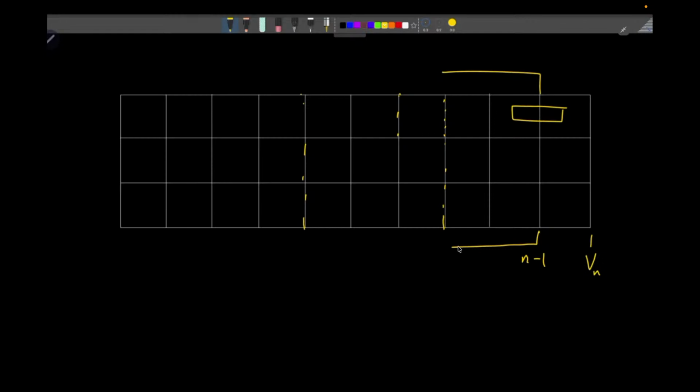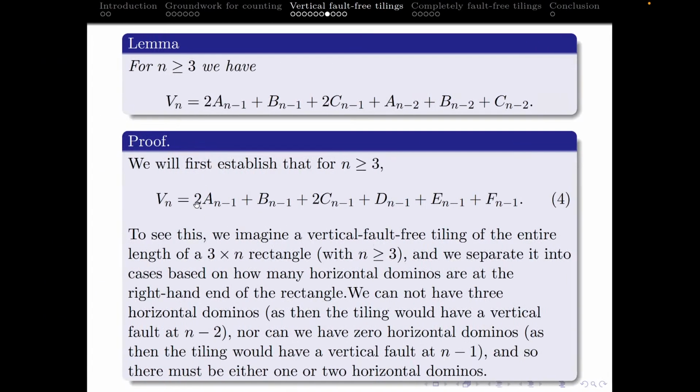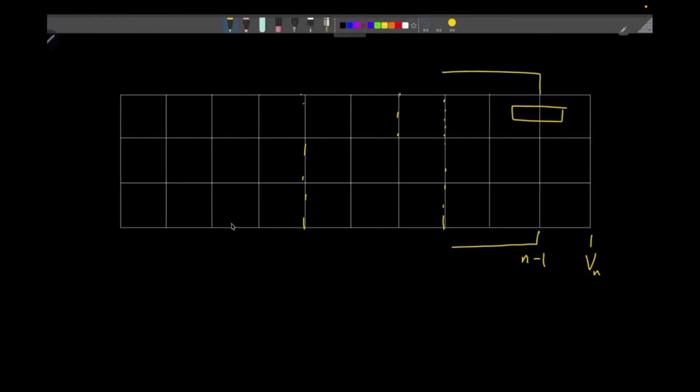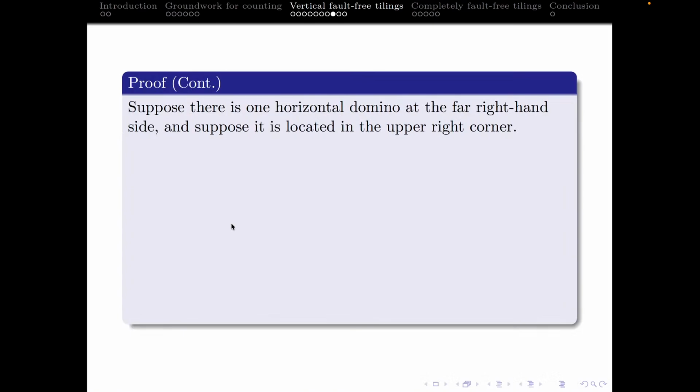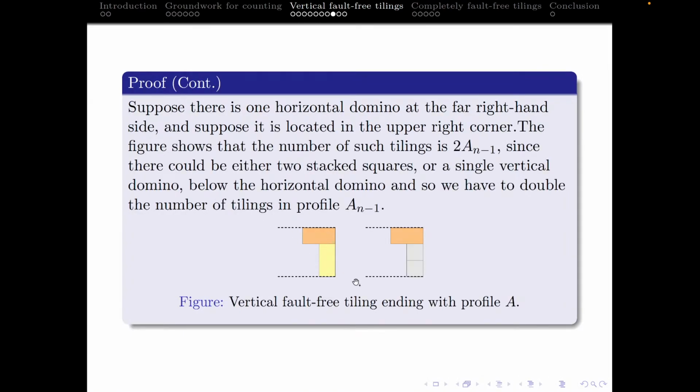So that explains why there is this 2 in front of the an minus 1, because for any vertical fault free tiling of this 3 cross n board, there are exactly two vertical fault free tilings of the 3 cross n minus 1 board which end with an overhang of the profile A. We can form these images right here.